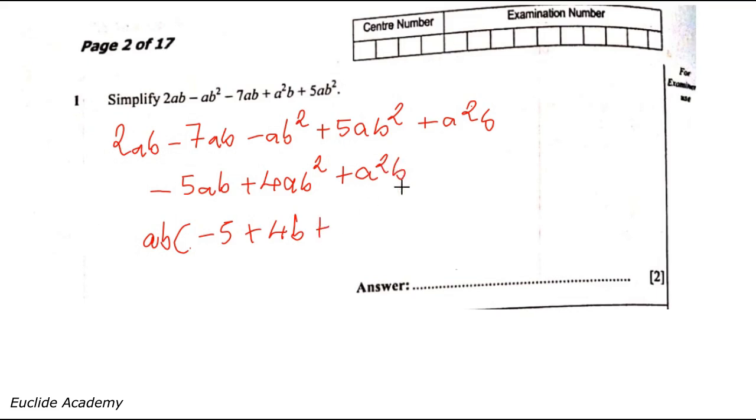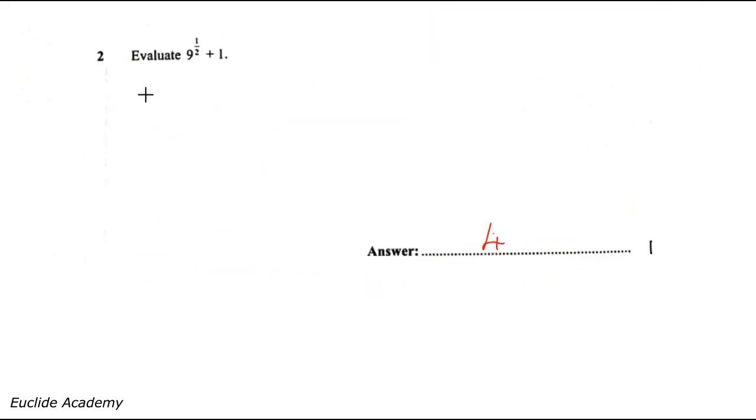Plus, here we got a squared b, so meaning we cancel one a and cancel the b, and then we remain with just one a here, and then we close. So this will be our final answer, which is ab open bracket negative 5 plus 4b plus a close bracket, and this is what we put here. This will be our final answer for the 2 marks. Let's jump to the next question.